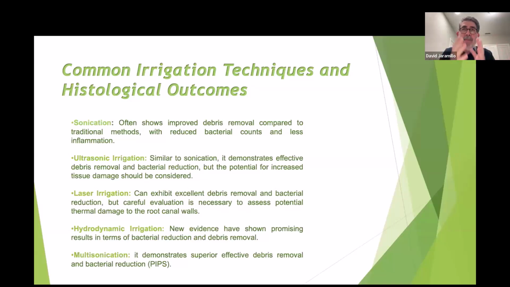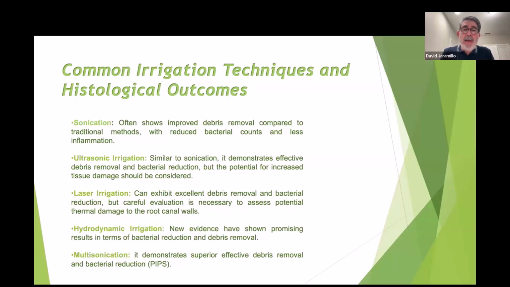Well, this streaming that is being produced is so vigorous that it goes deeper into those difficult to reach areas and helps to remove bacteria better. Especially the microbubbles are responsible for going into the dentinal tubules and sweeping everything out.